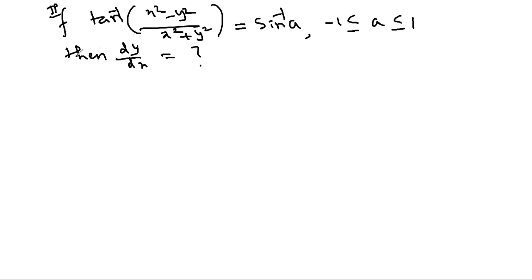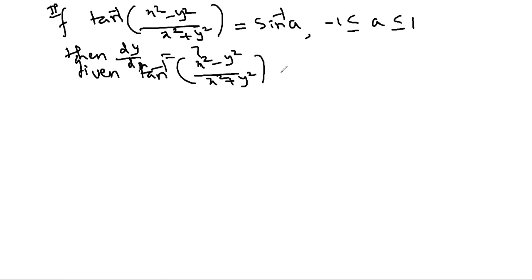Given is tan inverse of x square minus y square by x square plus y square equal to sin inverse A, where A is a number between minus 1 to 1.